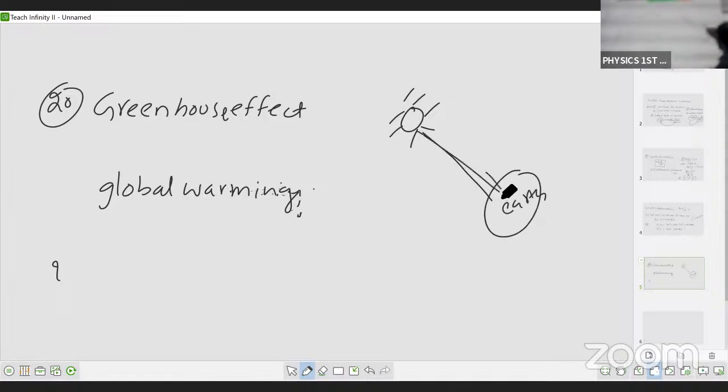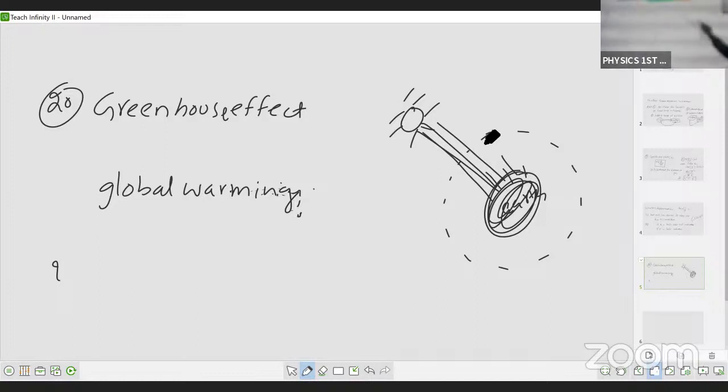Sunlight is incident on Earth, moving in all directions. Sunlight is incident on every planet in the solar system. For example, sunlight is incident on Earth. Earth absorbs radiation from the Sun. Again, here are gases, the greenhouse gases, for example carbon dioxide. Greenhouse gases absorb radiation from Earth.